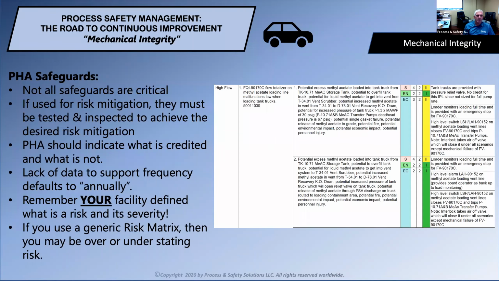If you use a generic risk matrix, then you may be understating your risk. Like we said earlier, the risk is not the same for everyone. For example, using the example of being out in the middle of the country versus being in the middle of a downtown area, your risk would have to be determined appropriately. So you may have a safety level of 3 on something that, out in the rural area, might be a safety level 2, etc.